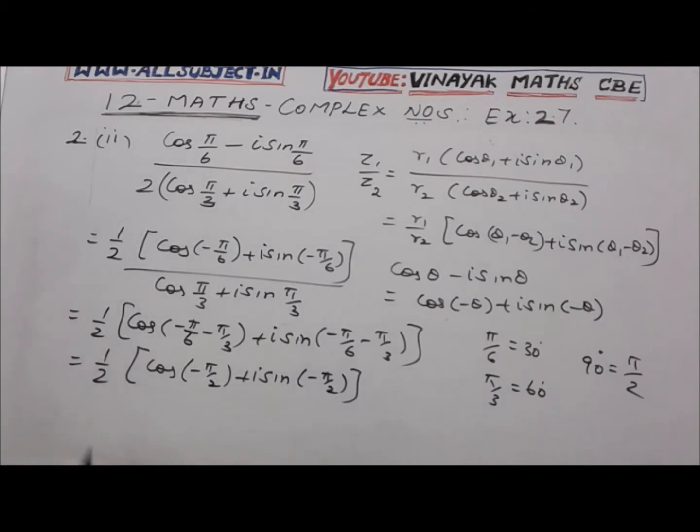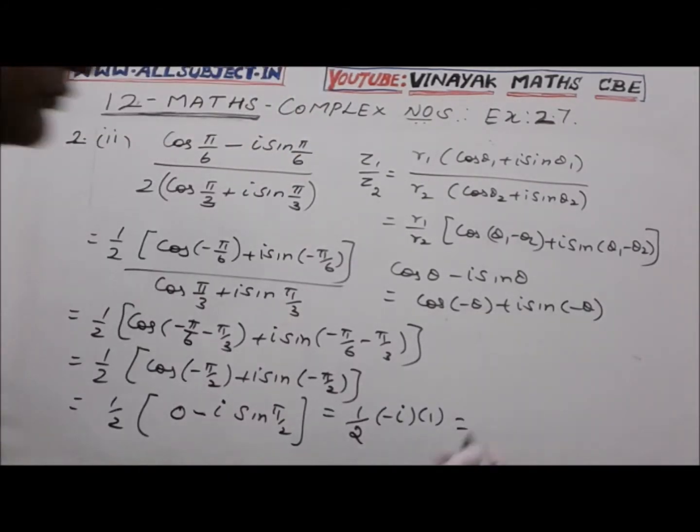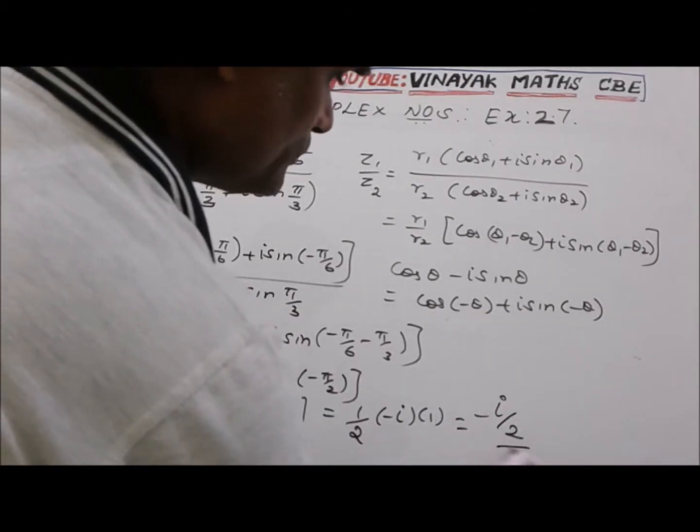Now cos 90 is 0, so cos of minus 90 means plus cos 90, that is 0. Sin of minus 90 is minus sin 90. So minus I into sin pi by 2, sin 90 is 1. So it will be equal to minus I by 2.